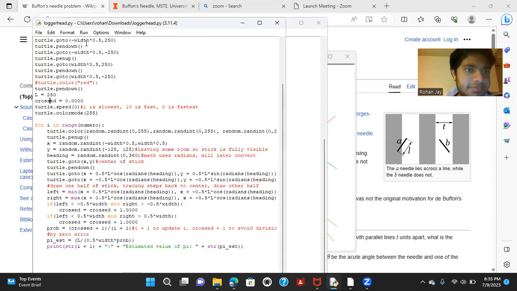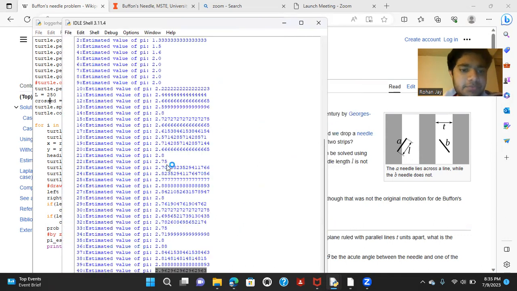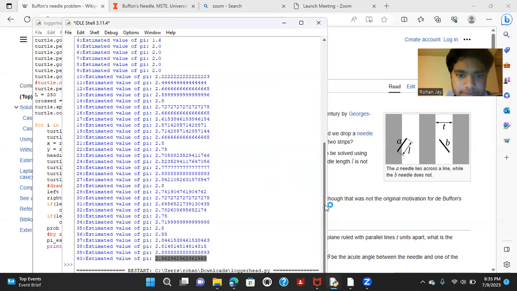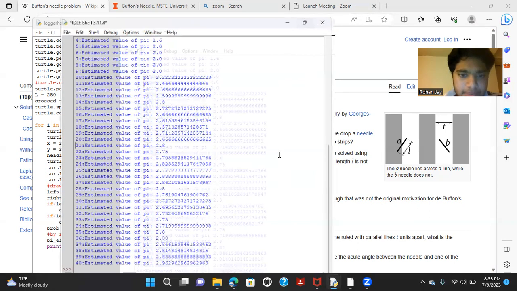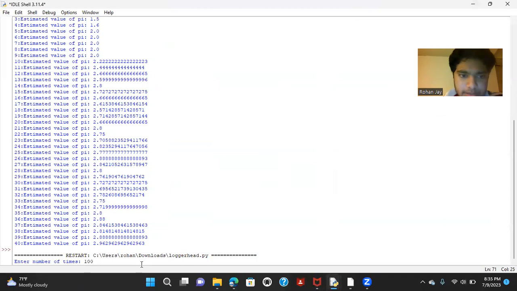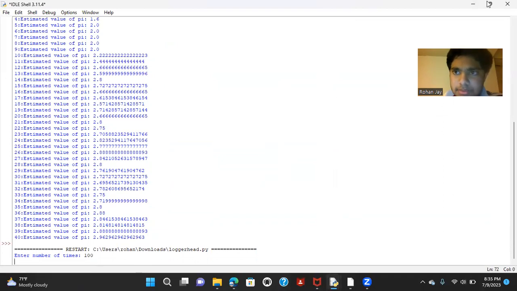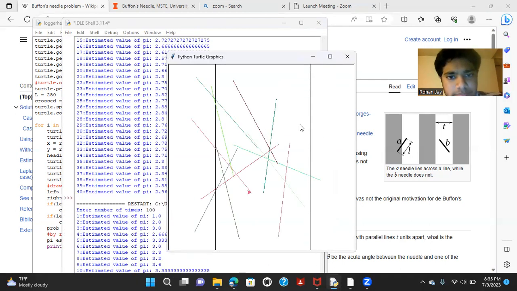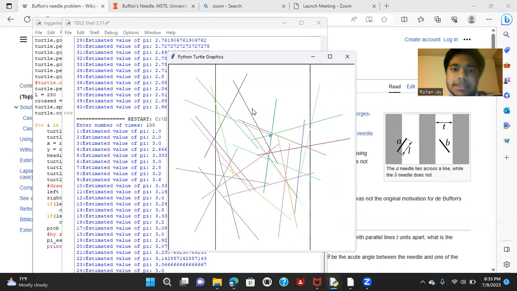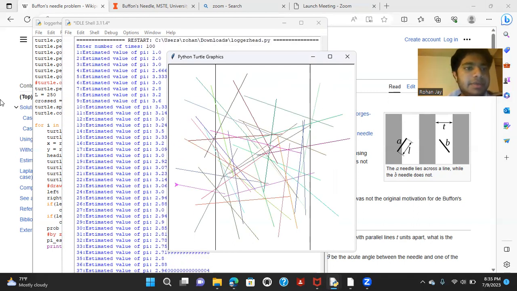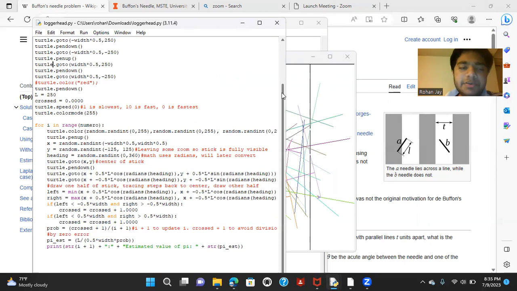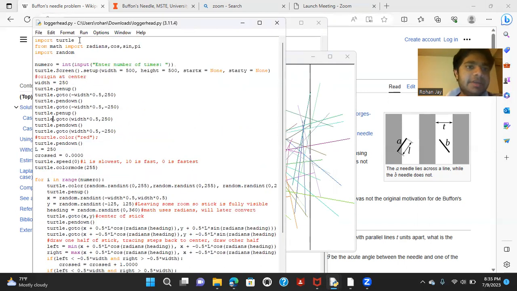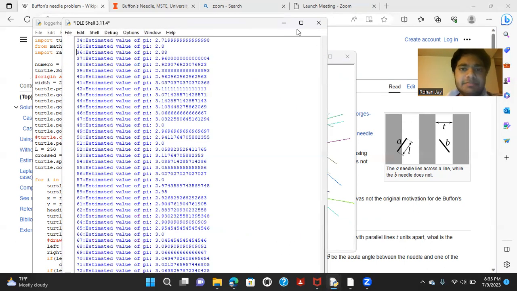So if we, for fun, decide to do 100 needles, which we're using in order to create the needles, if you're curious, we're actually using a Python library called turtle. It creates pretty convenient graphics.